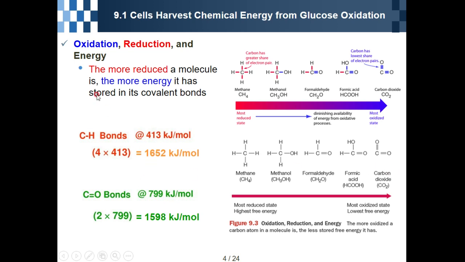The important thing is that the more reduced a molecule, the more energy it has stored in its covalent bonds. For example, methane has this carbon, and between carbon and hydrogen there are 4 covalent bonds. Each C-H bond has 413 kilojoules per mole, and there are 4, so the total is about 1,600. However, in CO2, each C=O bond has 799 kilojoules per mole, but there are only 2, so the total is about 1,500.